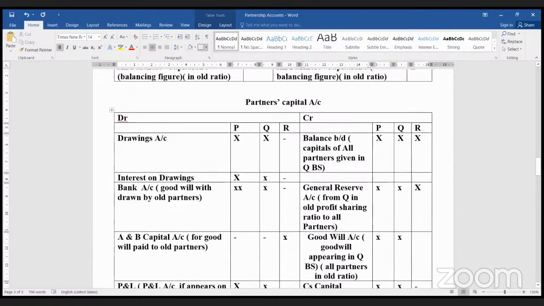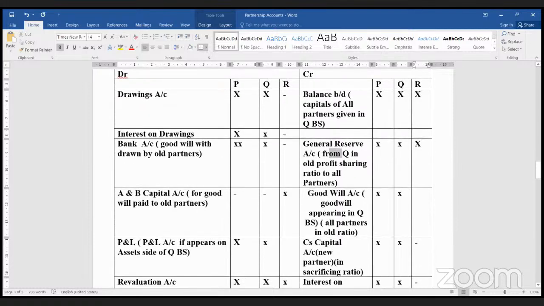See, partner's capital account, in retirement or death of the partner. This balance brought down is the capitals of the partners that are given in the question balance sheet. All three partners' balances will be given to you in the question; you take them as they are. The next, general reserve.